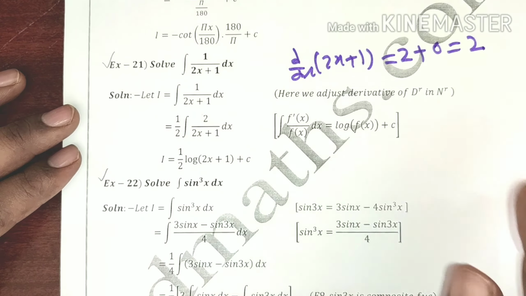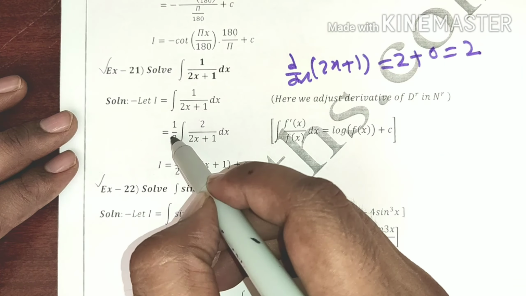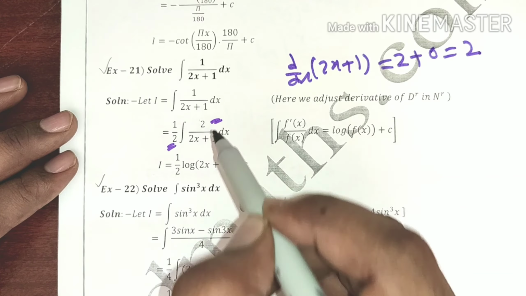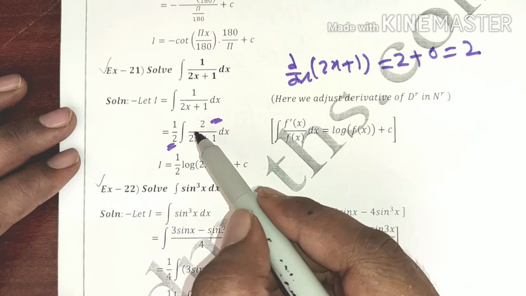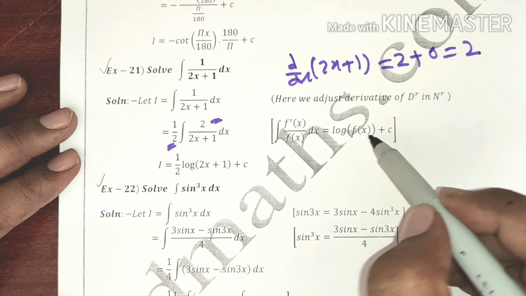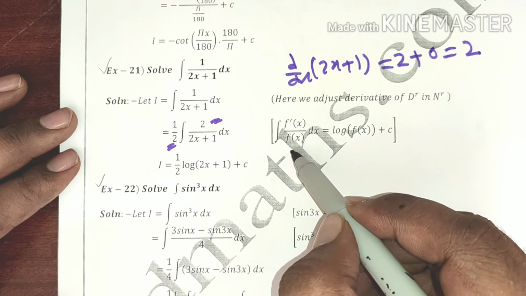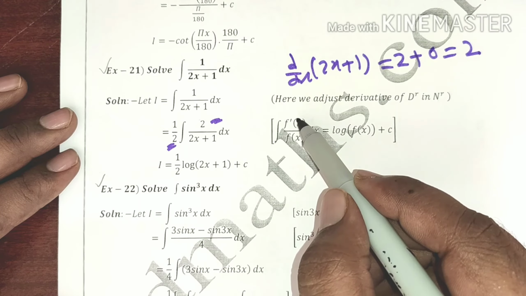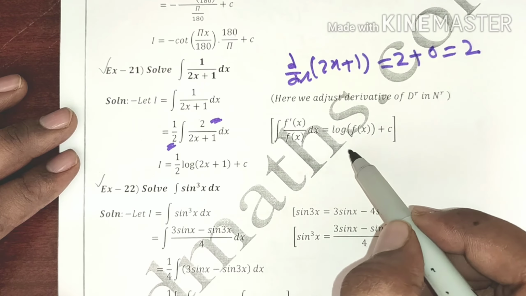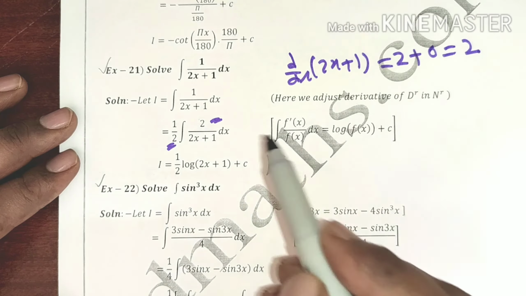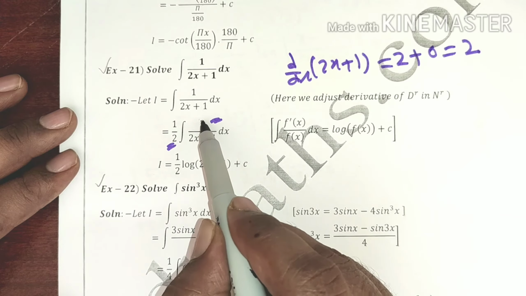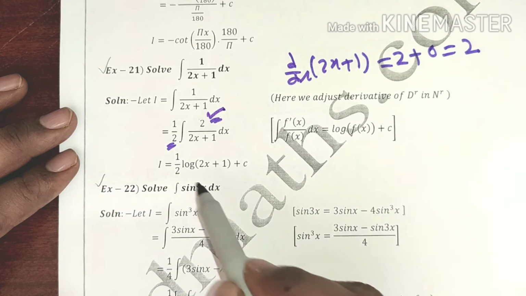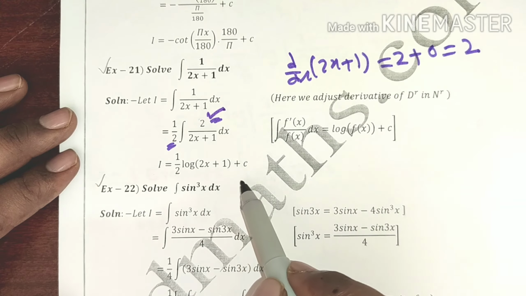So we need 2 in the numerator, that's why we adjust by multiplying and dividing by 2 in numerator and denominator. See one of the formulas: a function in the denominator and its derivative in the numerator, the answer is log of the denominator. So here it is 2x plus 1, whose derivative is 2, which is in the numerator. That's why we write log of 2x plus 1.